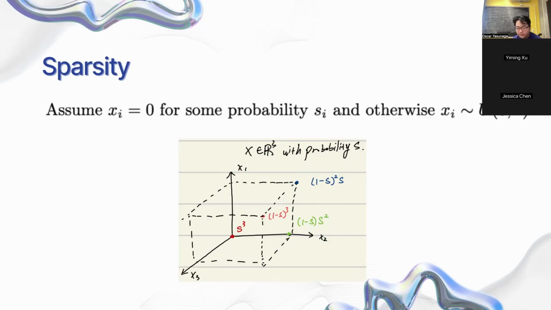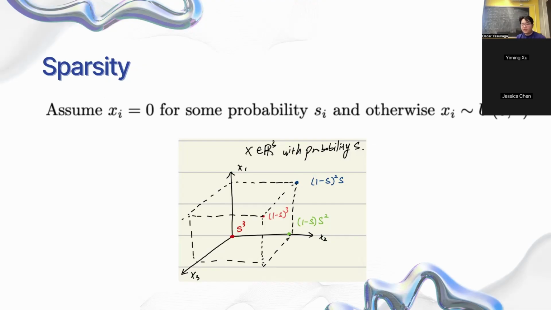If a vector is aligned with one single axis, it'd be 1 minus s times s squared, because only one element is non-zero. And then they can continue this forward.